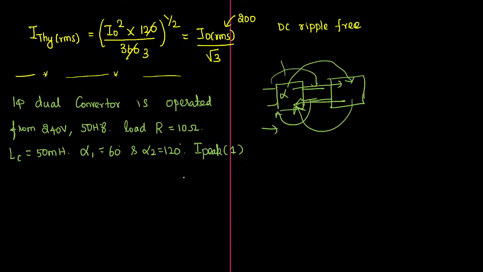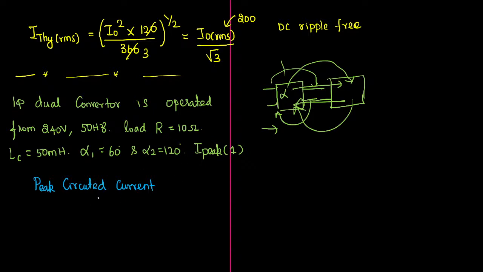Let me just give you the formulas. Do remember. First of all, when they are asking the peak value of the converter 1, the converter 1 carries two things. One is the peak circulating current, the maximum current that is circulated from converter 1 to 2 or 2 to 1. Now they are asking for the current of converter 1.